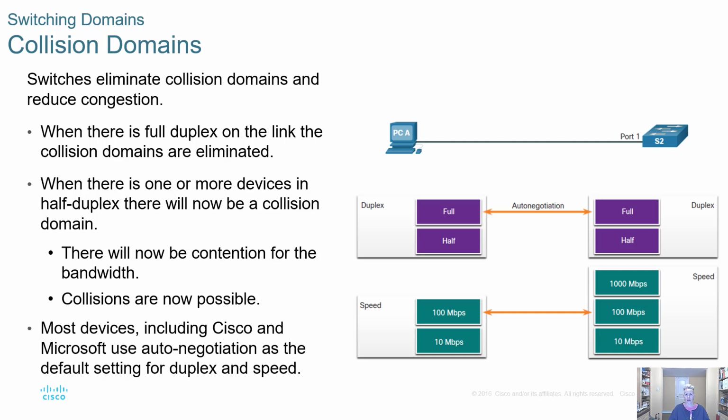As a matter of fact, all switches are automatically set to full duplex. In the days gone by, you would have half duplex, or if you were running hubs, things would be in half duplex, and so it was a problem. Switches have really broadened the way that networks can work. Now, if I switch or change my port to half duplex, then I could still get collisions.